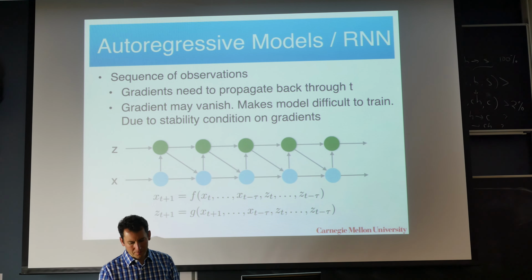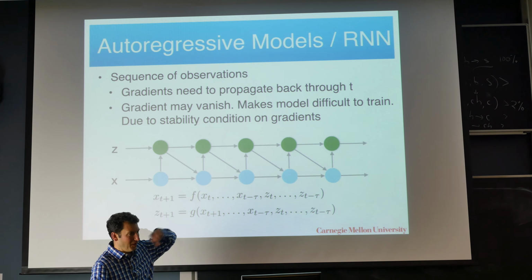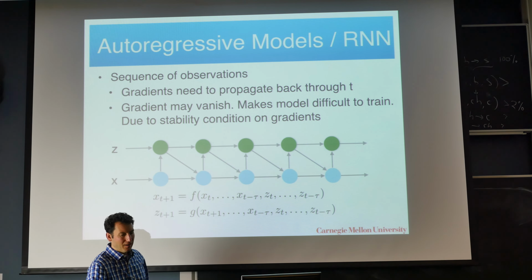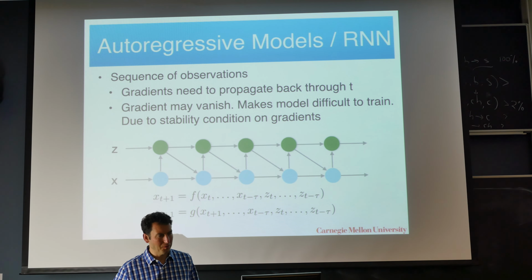Now, here's a problem. If you run backprop through this, you basically end up doing backprop through time because you need to backprop through the entire sequence of observations. It can get kind of messy to try to actually, for instance, in the XOR problem, get the information through up to the very end.